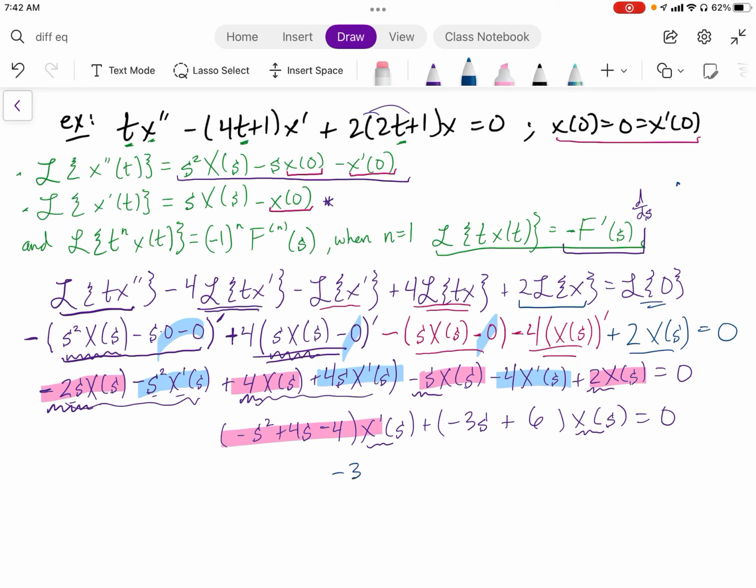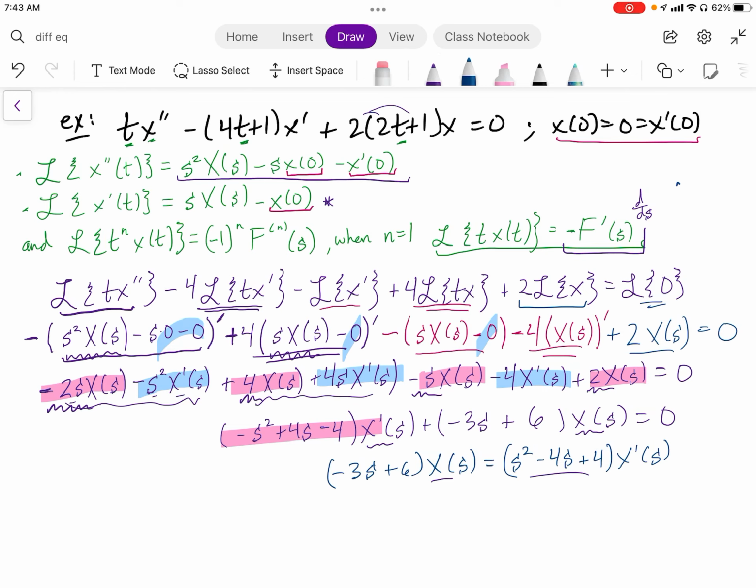So we'd have negative 3s plus 6 times x of s equals, flipping all those signs, s squared minus 4s plus 4 times x prime of s. Let's divide by x of s on both sides and divide this thing out.